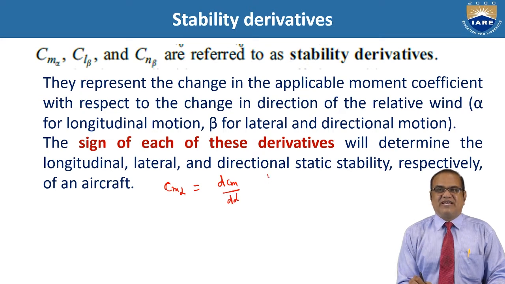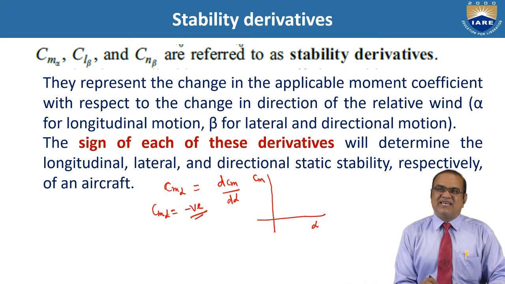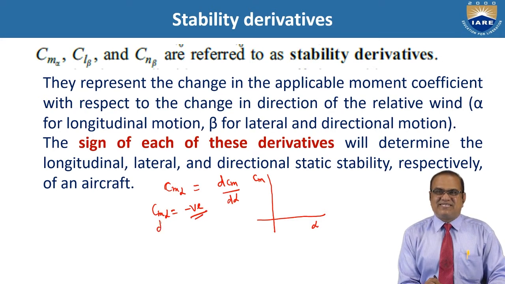So if we plot like this, this is the Cm and this is the alpha. So this sign, if this Cm alpha is negative, what is the meaning of this Cm alpha negative? It means dCm by d alpha is negative.